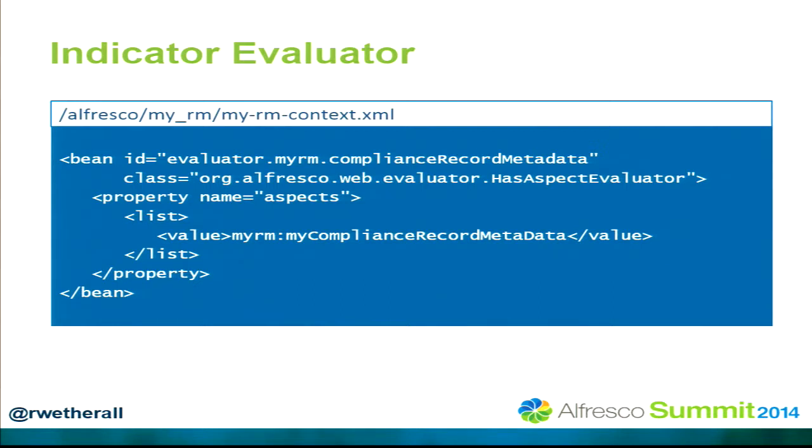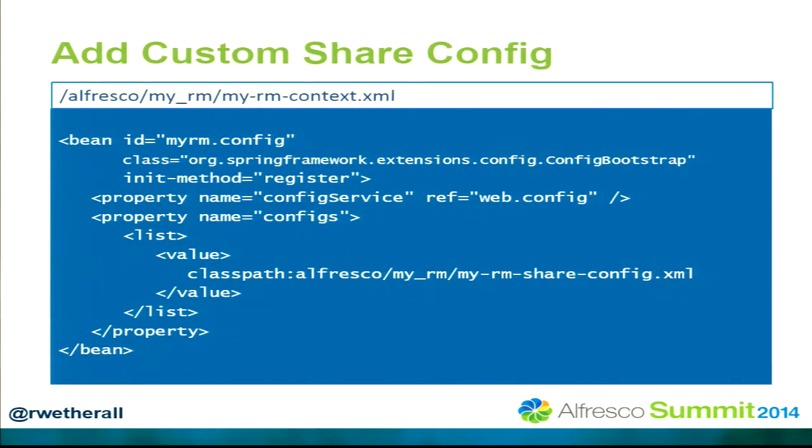So we're going to reuse this has aspect evaluator. We're on the Share side, so this is in my Share context, and we've got our compliance record metadata evaluator that says whenever that my record metadata aspect is present, throw back a true. The next thing we need to do, and again this is plumbing just for your information, is create a custom Share config.